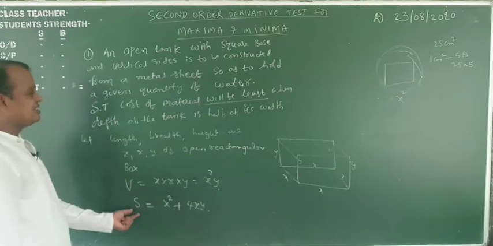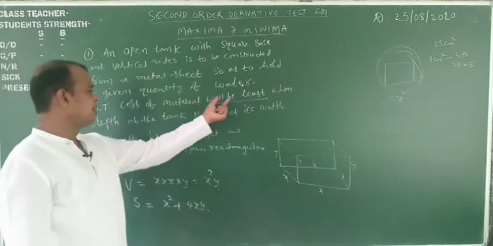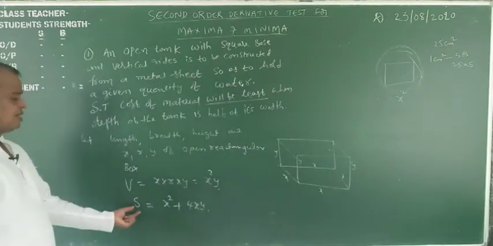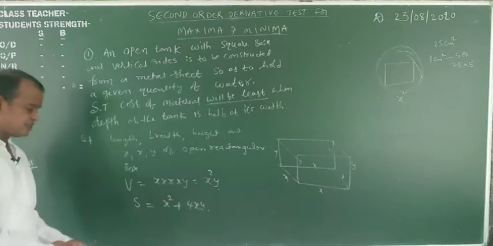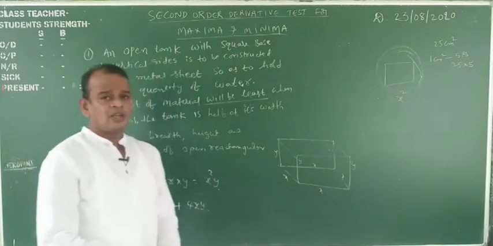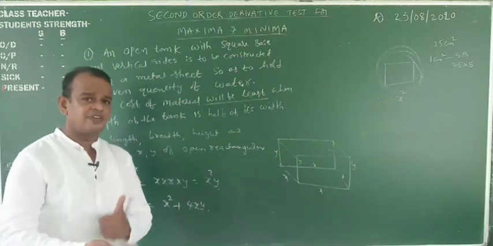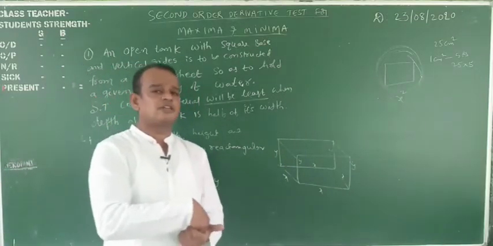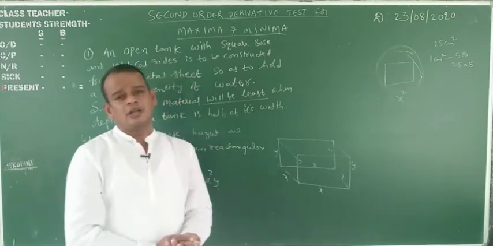Now this is the least. The cost of the material will be the least. This is the surface area. Whenever we find the cost, we will find the surface area, in centimeter square. How much material is used means we will find the total surface area of that open tank.